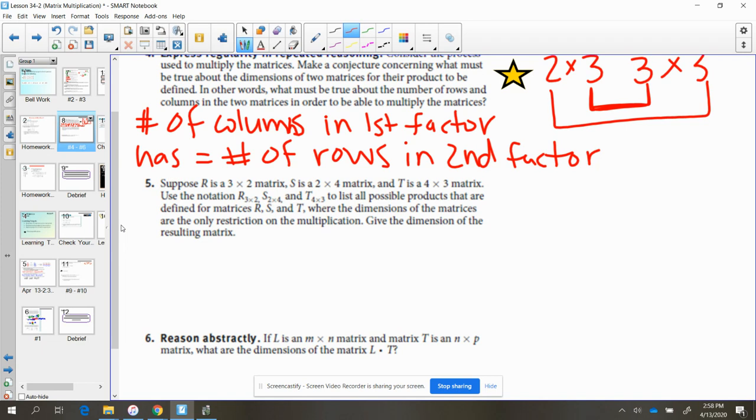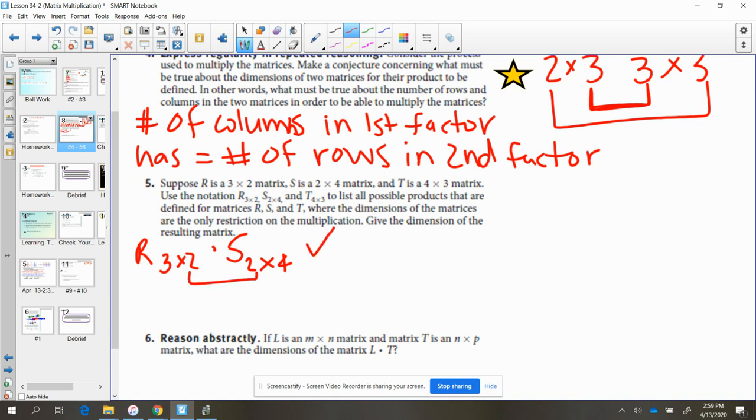So if we have R, S, and T here and their sizes, we want to list all the possible products that we could have for R times S, S times T, and T times R, because we need to see which ones are actually possible. For instance, R is a 3 by 2 matrix. S is a 2 by 4 matrix.